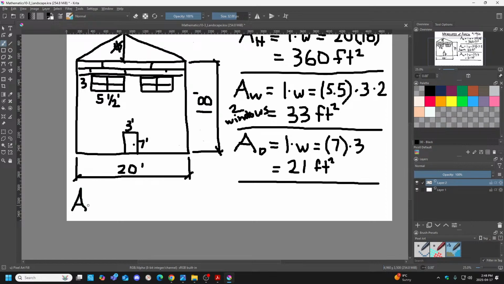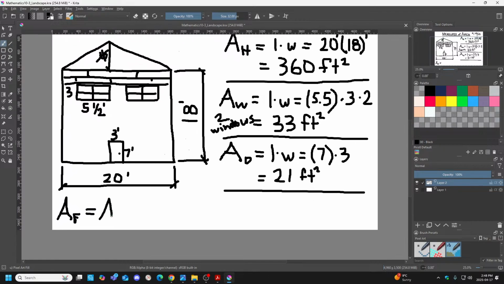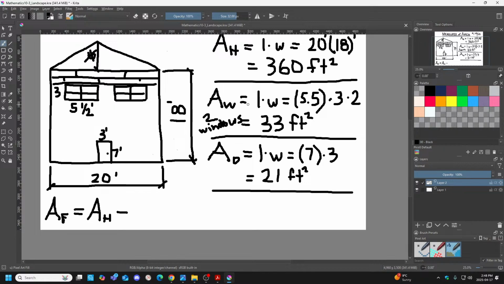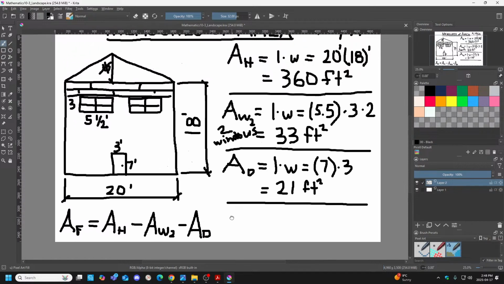Area final equals AH minus AW. I could put 2 there because that would let me know that I've done 2 windows, minus the area of a door. There's only 1 door. And really, that's what it is.